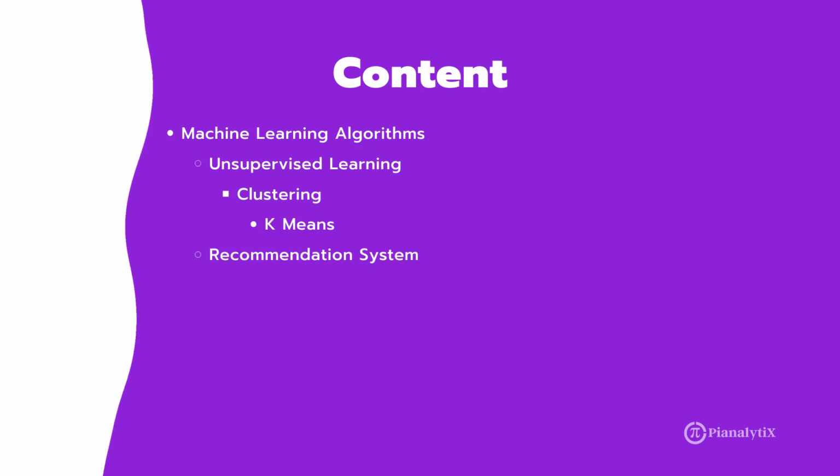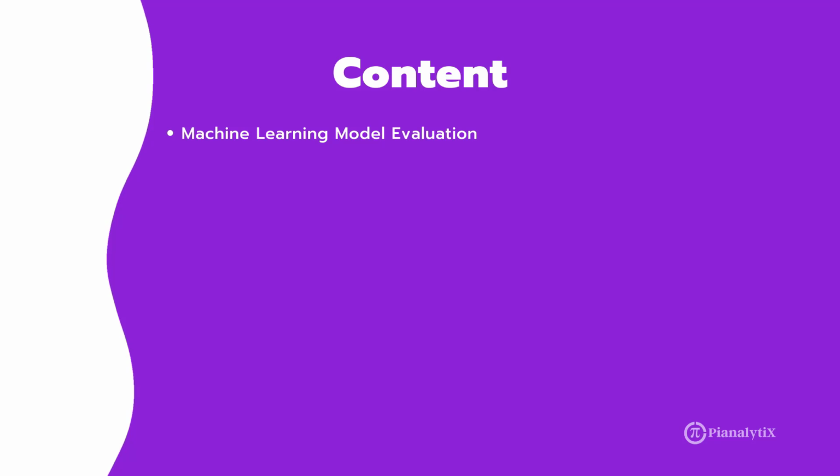Once we cover supervised, unsupervised learning and recommendation systems, we will also understand how to evaluate a machine learning model. What are the different metrics to evaluate a model? In this, we will cover accuracy and we will also understand the confusion matrix.